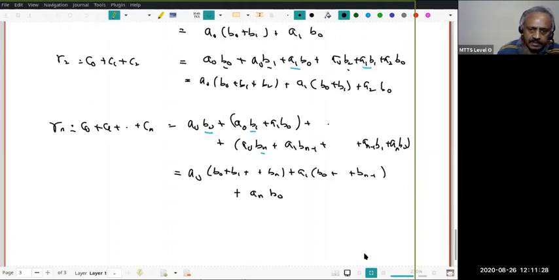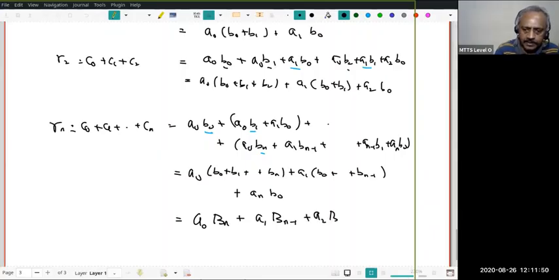You understand? Right. Now let us try to understand what is this B naught plus B1 plus up to Bn. That is the nth partial sum of the second series, summation Bn. Therefore, this is in my notation A naught into Bn. The next one is A1 into Bn minus 1. Next one will be A2 into Bn minus 2 and so on.